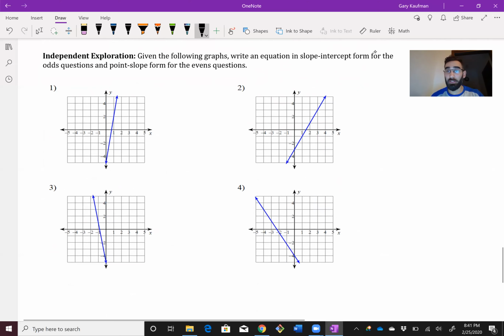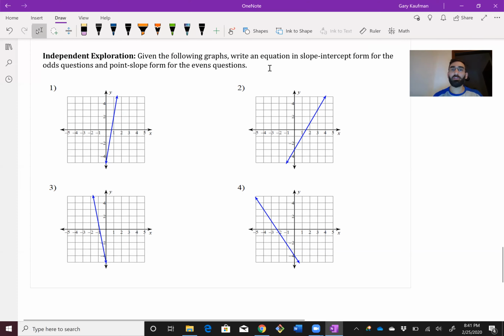This last part of today's lesson is going to be an independent exploration. Usually this is where you would be working with 1 or 2 other people. So in class right now, you can see if someone on our assignment sheet is working on this. Feel free to message someone from our class as you are discussing this. I highly suggest it.